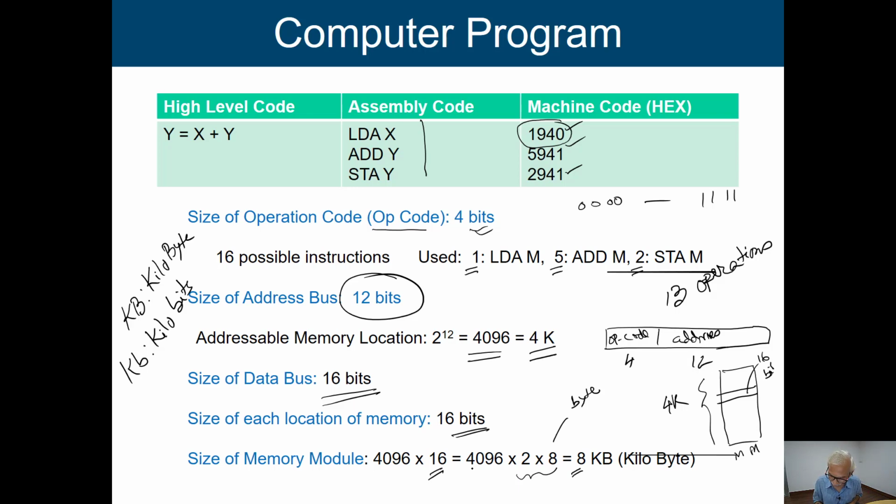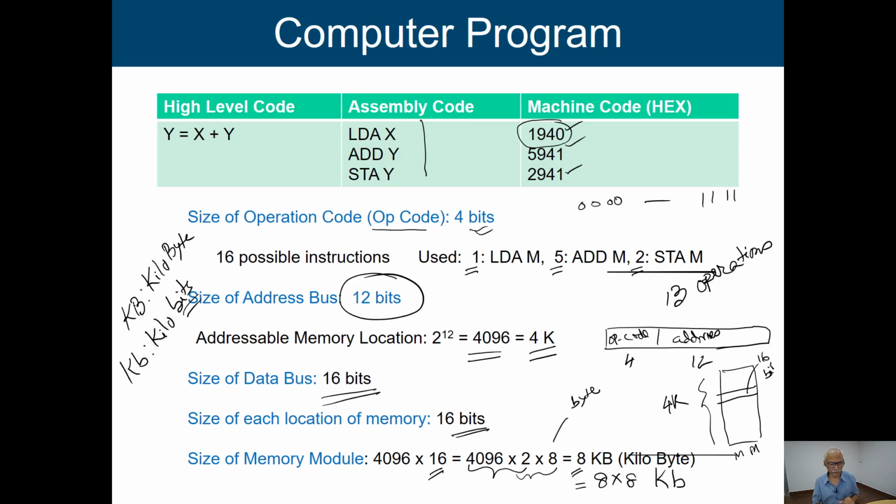Now here I am having 4096 into 2, this is basically 8 kilobits, or I can say this is 8 into 8 kilobits, or in byte form I can write it in this particular way. So lowercase b indicates bits and capital B indicates byte.